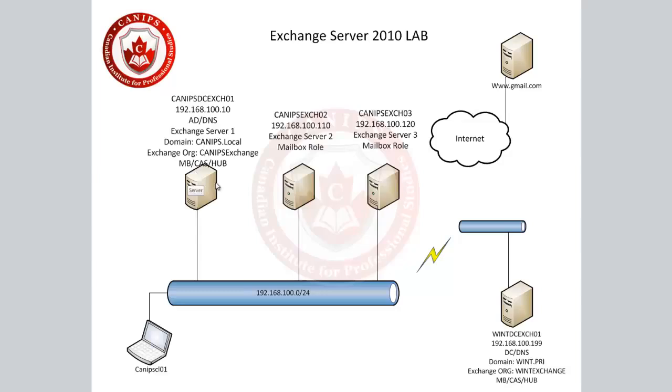The second solution is that we can create a secondary zone for canis.local in this, and a secondary zone for prevent.local in this. So this can be done as well. A secondary zone, we all know, is a read-only copy of the main zone. We can create a secondary zone for each other.